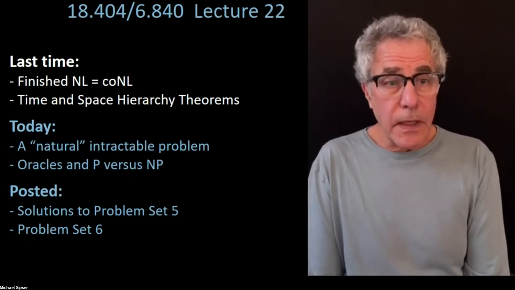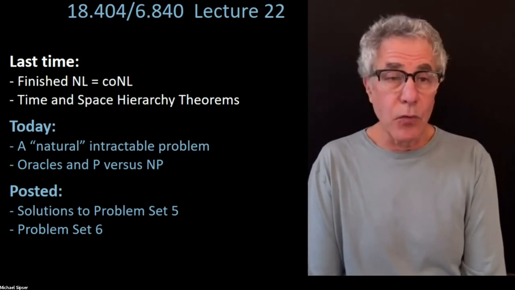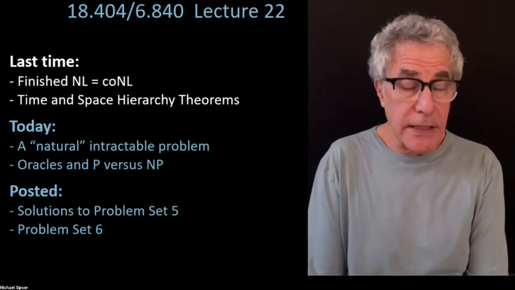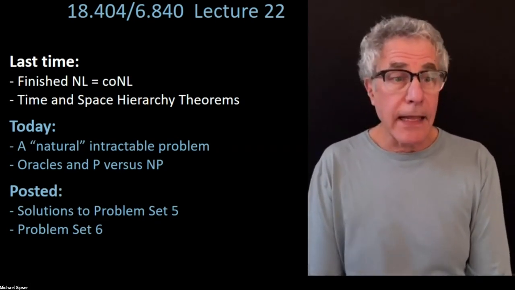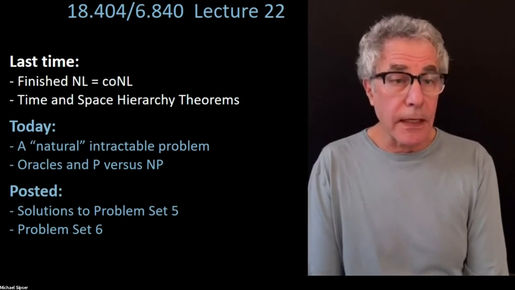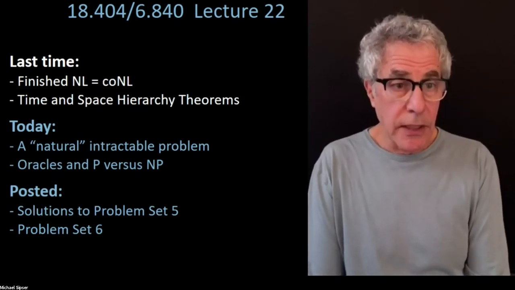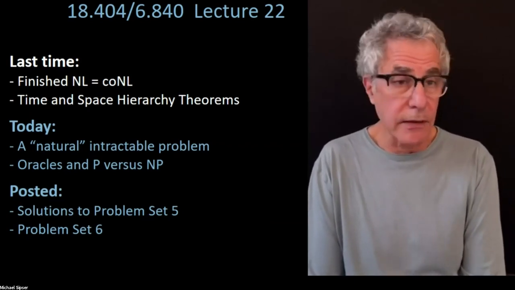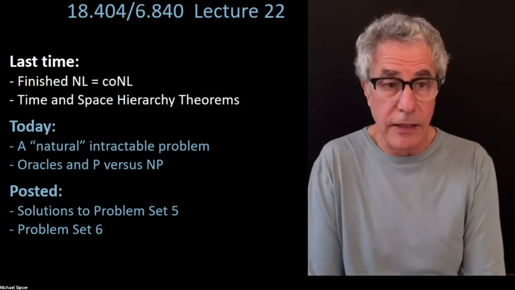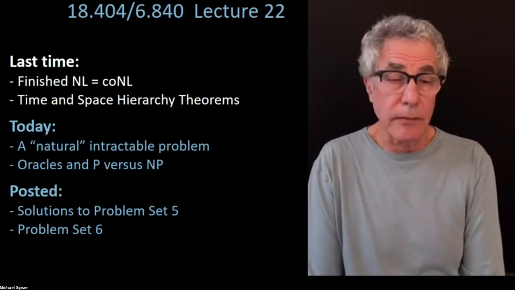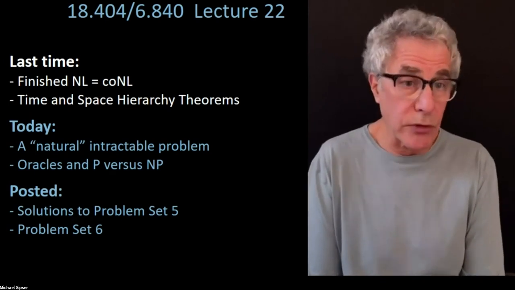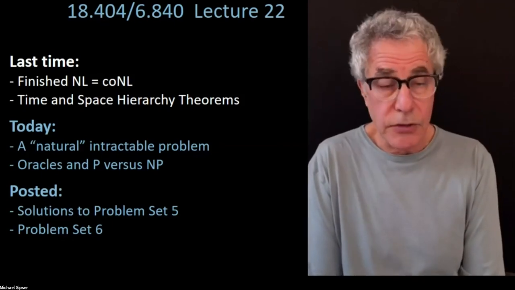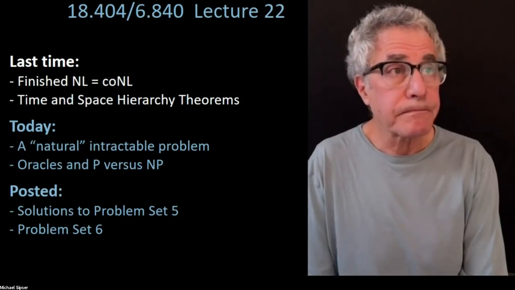Just to recap where we are, we have been looking at time complexity and space complexity. And we just finished proving what are called the hierarchy theorems, which, in a nutshell, basically say that if you allow the computational model to have a little bit more resource, a little bit more time, a little bit more space, then you can do more things, with certain conditions.